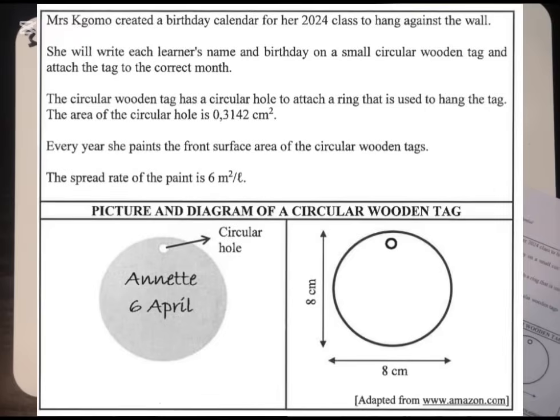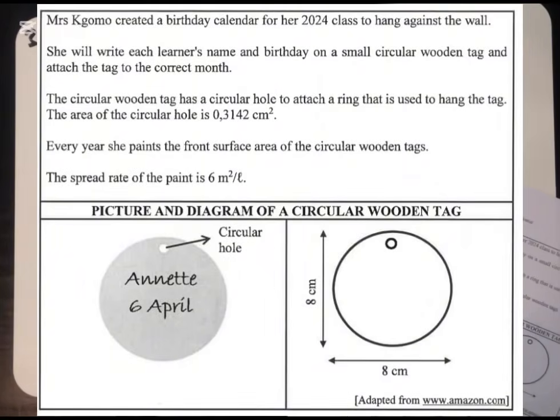The area of the circular hole is given as 0,3142 centimeters squared. Every year she paints the front surface area of the circular wooden tags. The spread rate of the paint is 6 meters squared per 1 liter. Then we have the picture and the diagram.